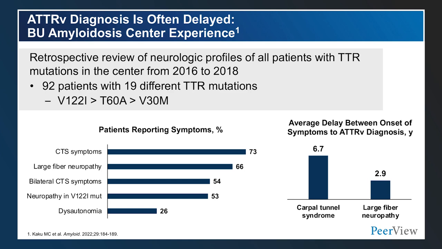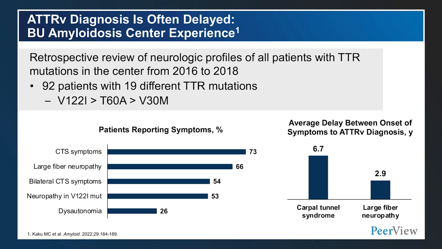This is a study that we did over at BU Amyloidosis Center. Over 2 years, we looked at about 92 new onset patients, found very similar results. Many patients' first manifestation was carpal tunnel syndrome, many of which were bilateral. Our average onset of delay was about 6.7 years, so similar, maybe a little bit less than previously reported, and about 2.9 years for large fiber neuropathy before getting a diagnosis.